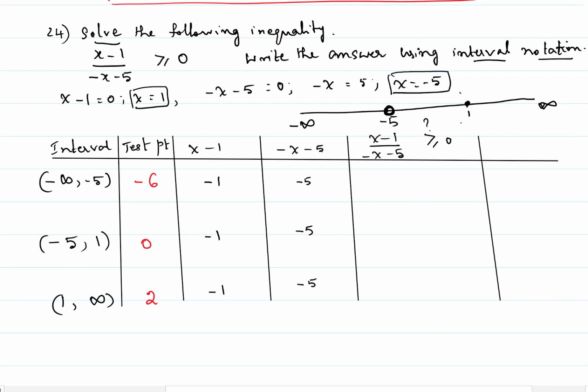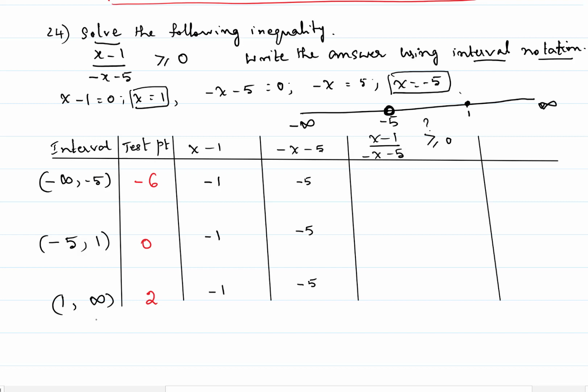So we are going to divide the number line into three parts. One is negative infinity to negative 5, which is shown in this interval. Negative 5 to 1 is shown here in this interval. Then 1 through infinity, which is shown in this table as the last row.